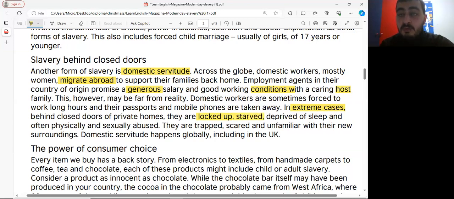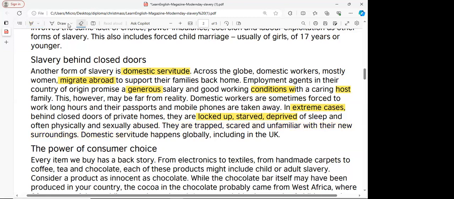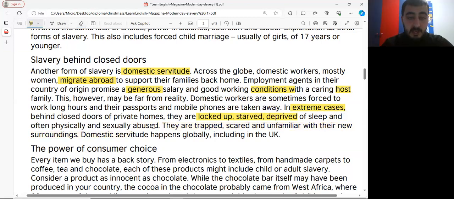Starved يجوعون. Starvation مجاعة. Deprived of sleep محرومين من النوم. And physically and sexually abused. Abused إساءة المعاملة، تعنيف.